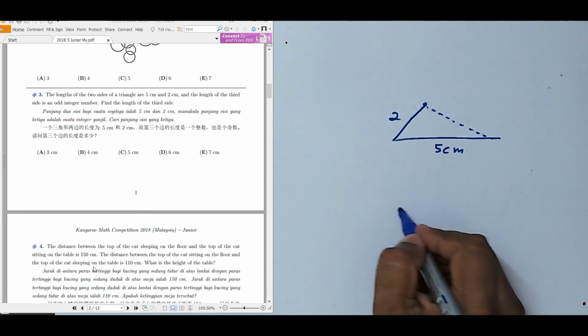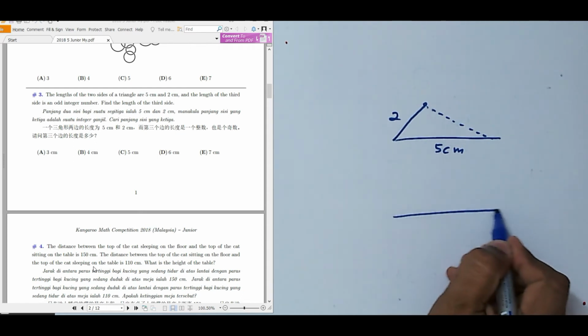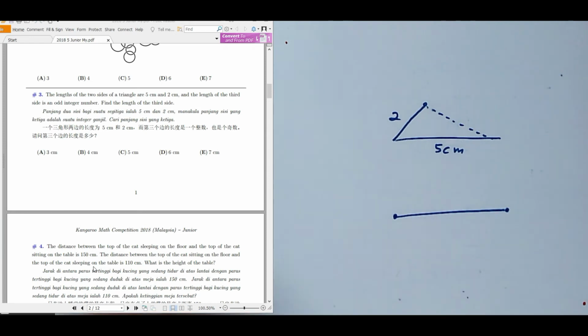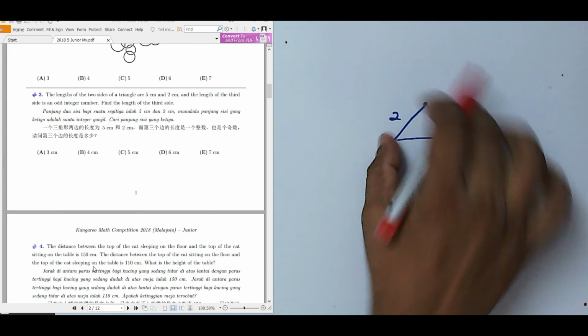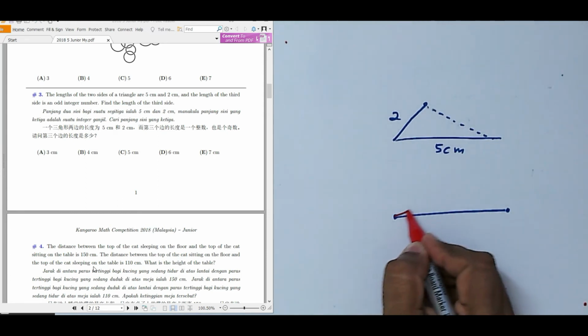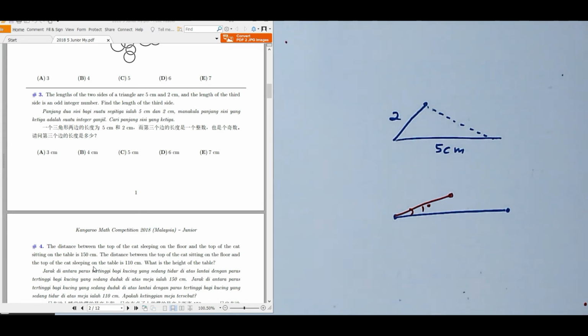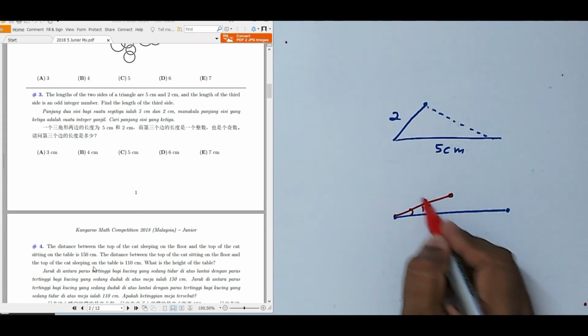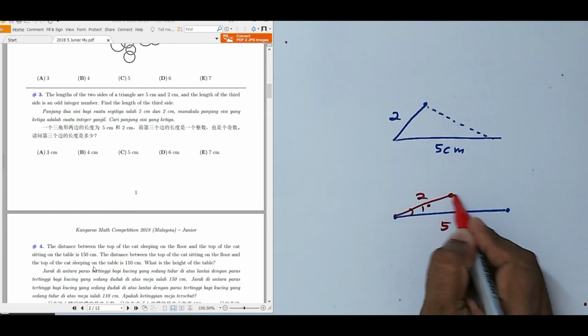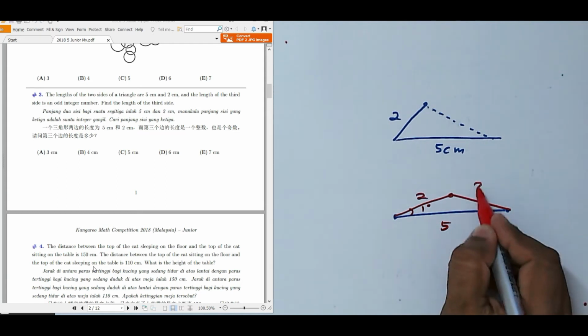When we have a 5 centimeter side here, we have a 2 centimeter side here. Let's say this 2 centimeter side I try to put up to here. So when this is 2 and this is 5, what can the third side be?